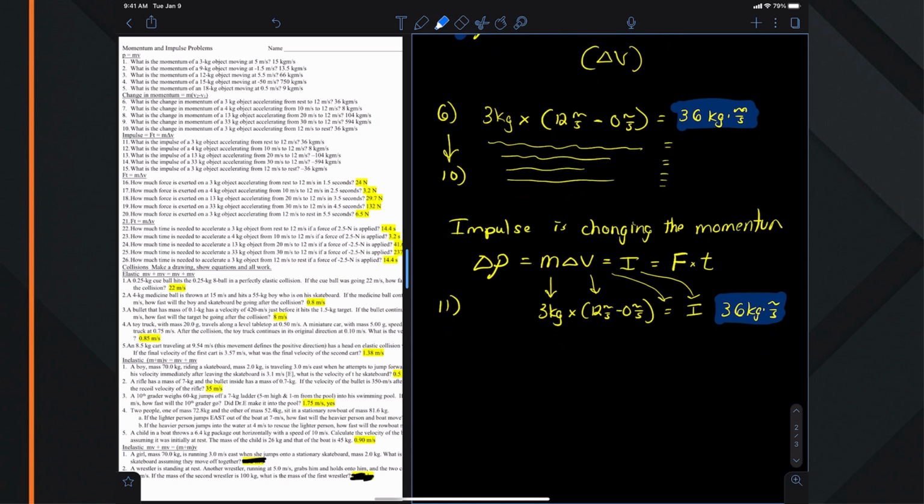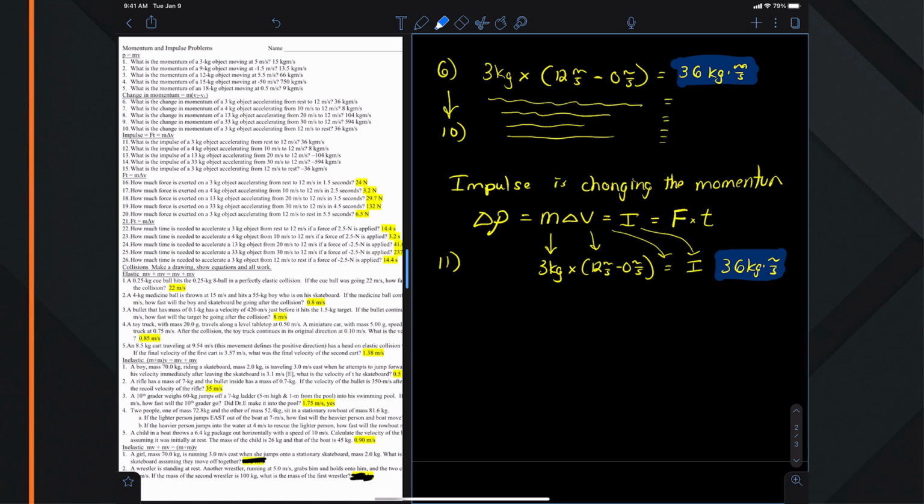All right, now, one thing I will point out is that the impulse might have differing units of measurement. So I put down kilogram meter per second because that's the units that were used right here and right here. But recall, I said just a moment ago that it could equal force times time. So we could technically say 36 Newton seconds.